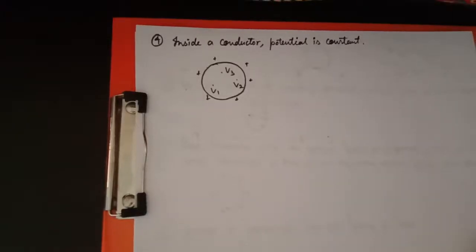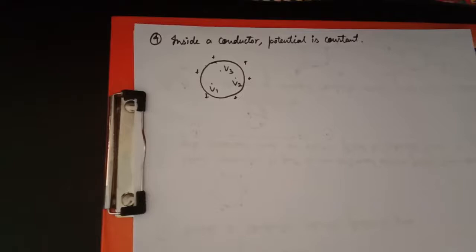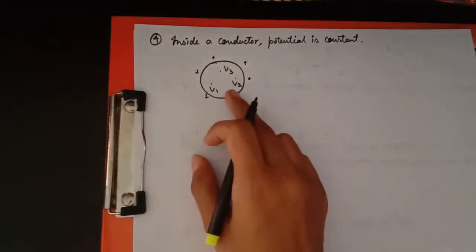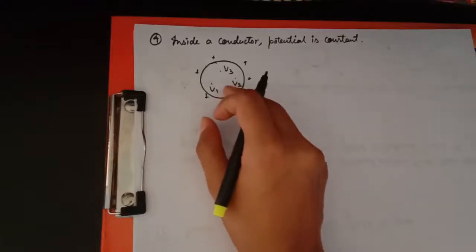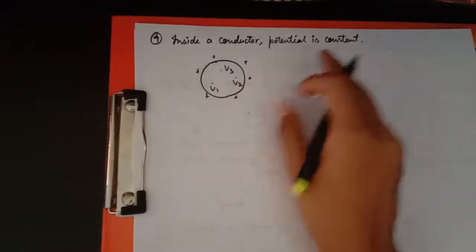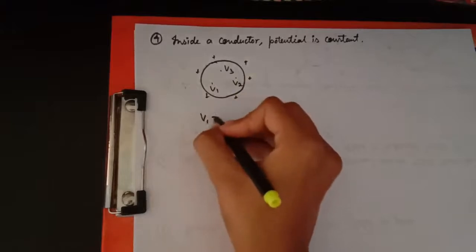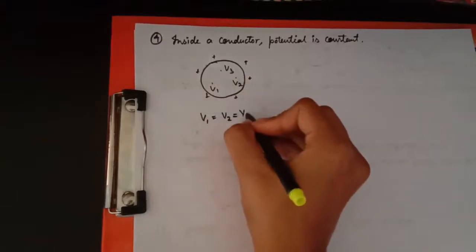Fourth property is, inside a conductor potential is constant. Suppose this is a conductor. As you know, inside the conductor electric field is 0 but potential is constant. It means V1 will be equal to V2 equals V3.